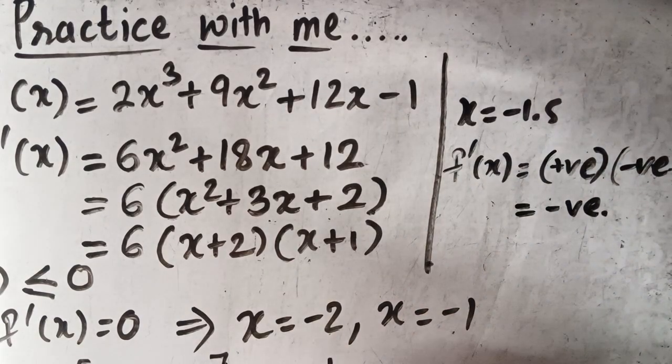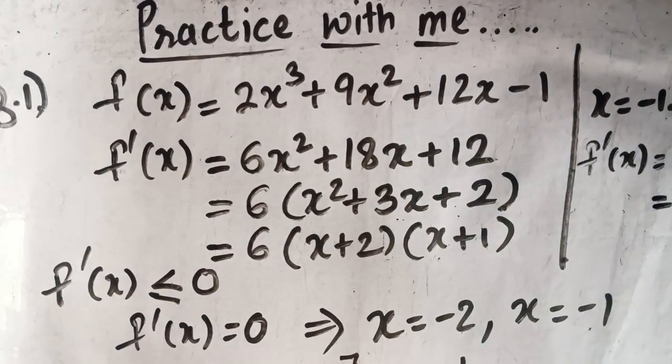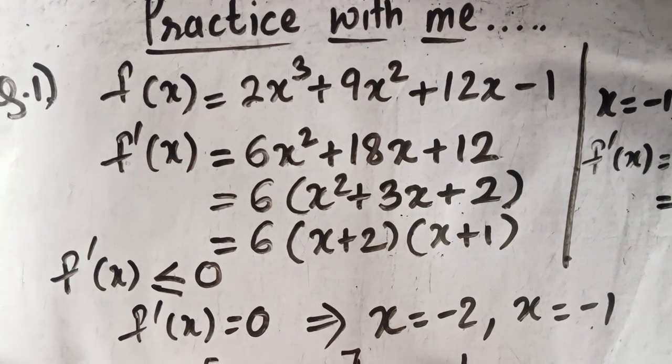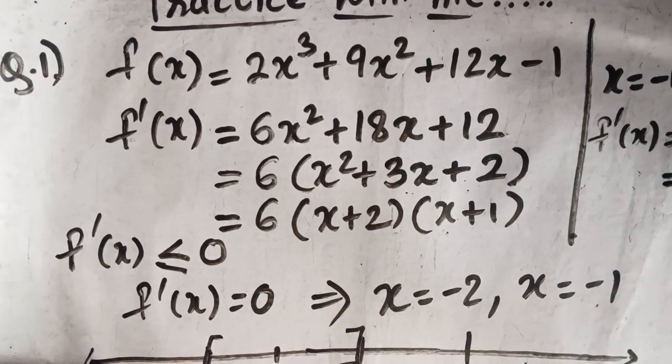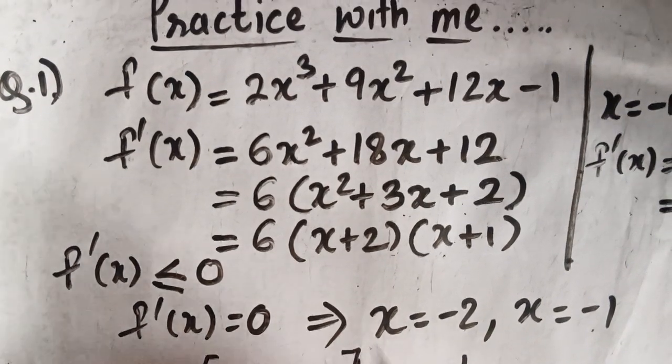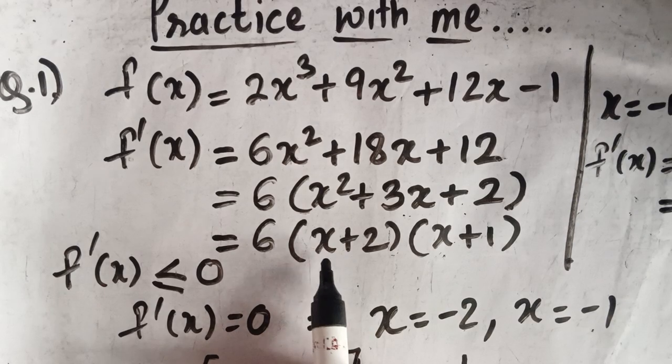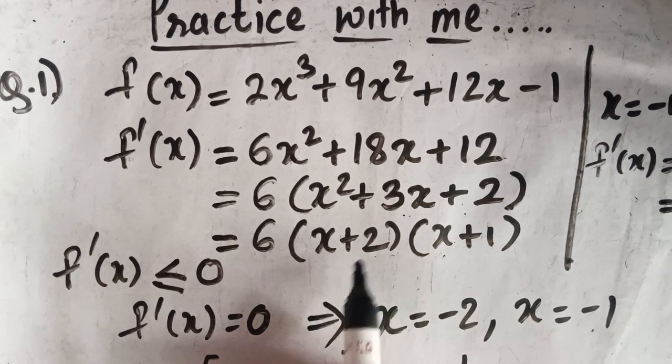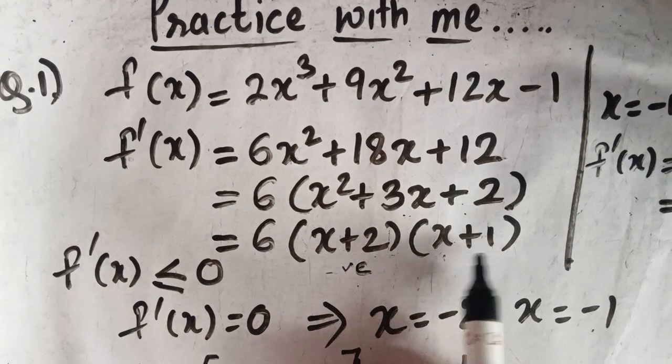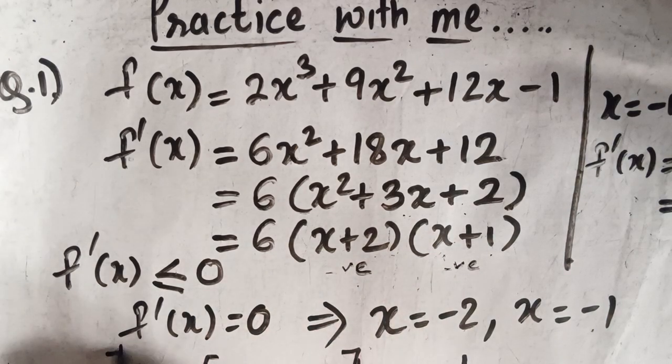So f dash of x is less than 0 for x in the interval minus 2 to minus 1. If you take a number less than minus 2, that is minus 3, then minus 3 plus 2 is negative and minus 3 plus 1 is negative, so you'll get a positive number.